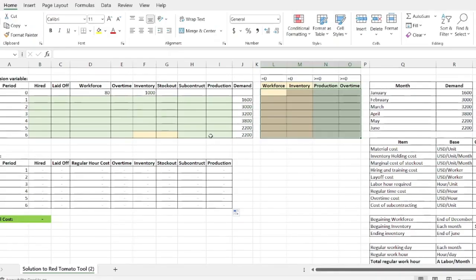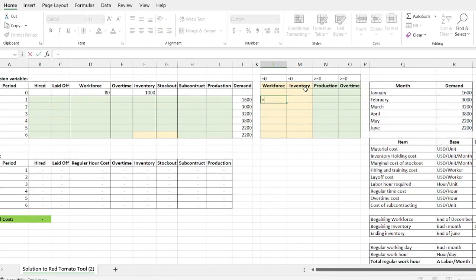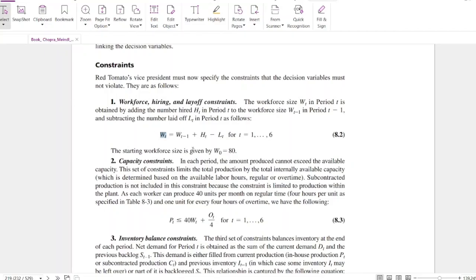So here the workforce is equal to what? Last month's workforce plus the number of people I have hired this month minus the number of people I have laid off this month, and since I am bringing this workforce of today, I mean this month, to this side, it will be minus.